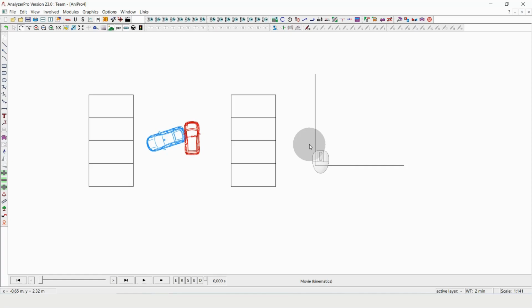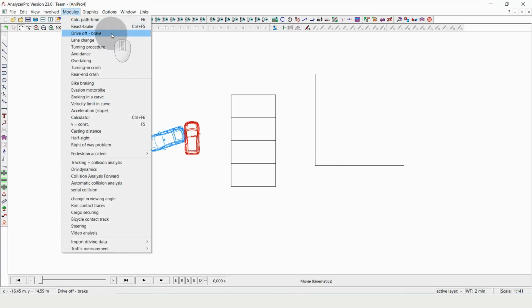Today we are going to have a look at a certain module that is quite a handy one, if you ask me, for a certain type of cases. I'm talking about the module drive off and brake.